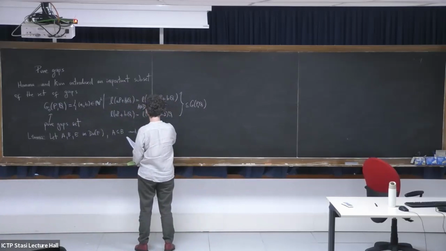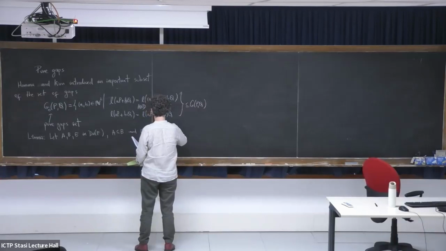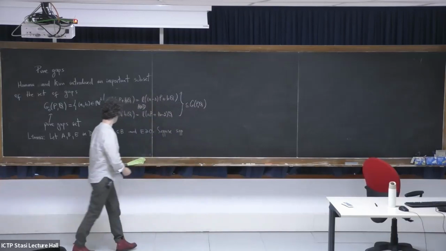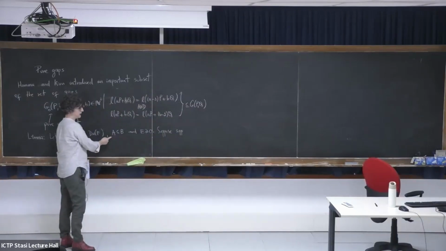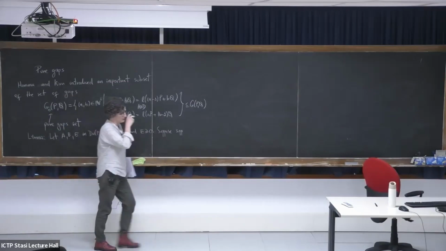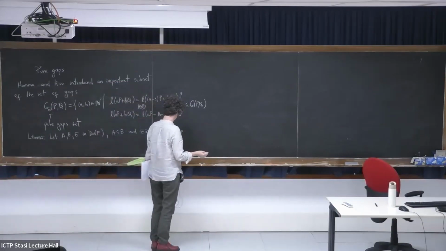And we suppose also that B minus A is an effective divisor, a positive divisor. You want that the support of the difference B minus A and E have nothing in common, it's empty.